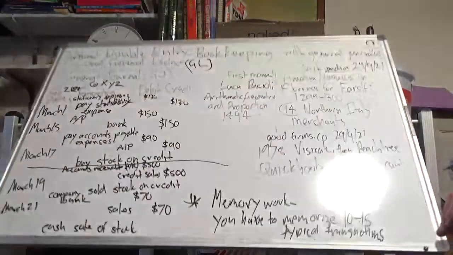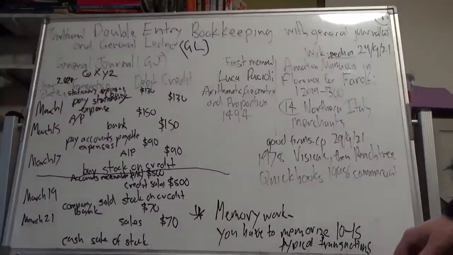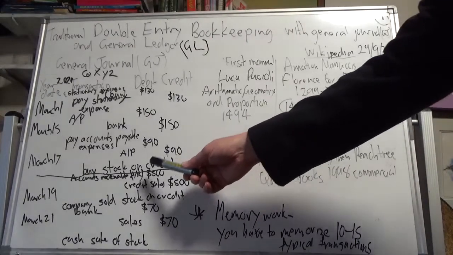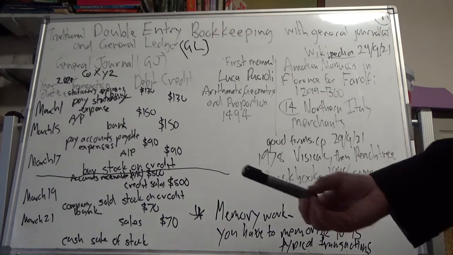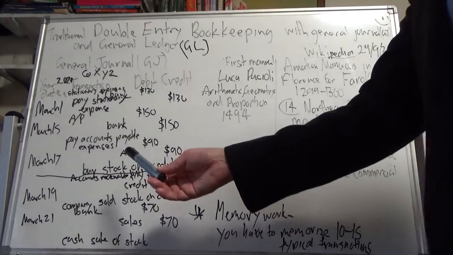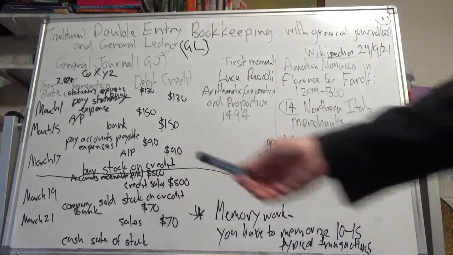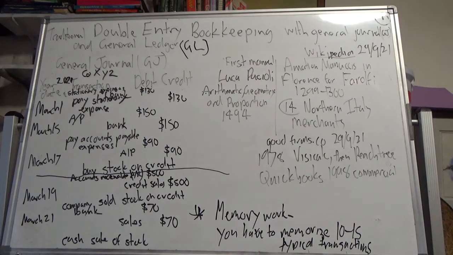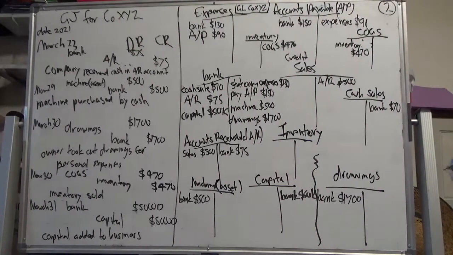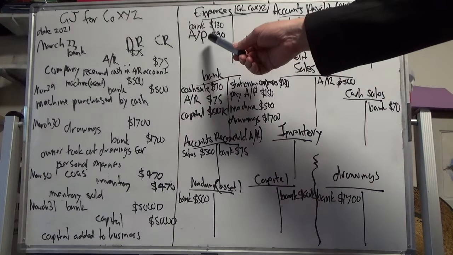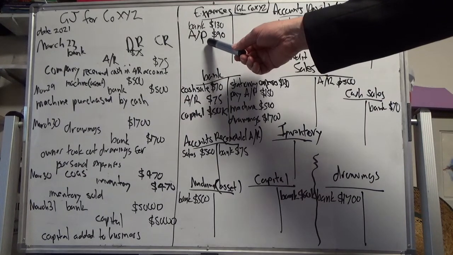Next transaction, buy stock on credit. So we increase accounts payable by $90. That's a credit item. We debit expenses, and $90 was the value of the transaction. So first go to expenses again. Expenses 90. There it is. Label it the opposite part of the transaction.